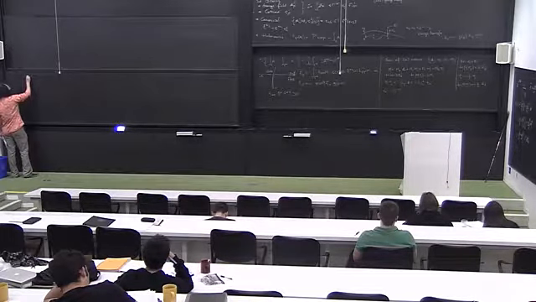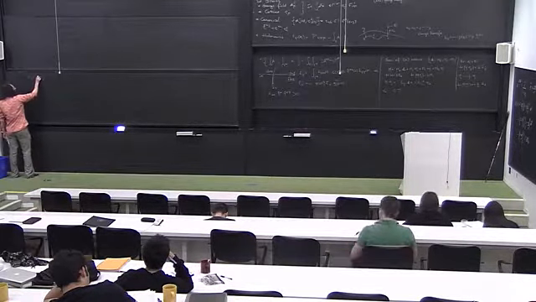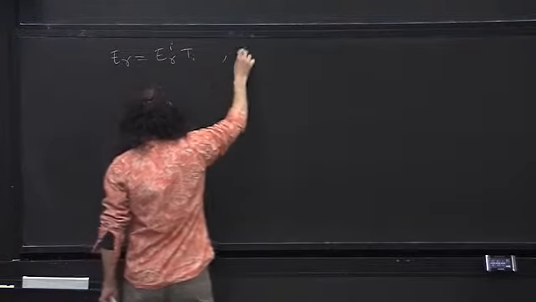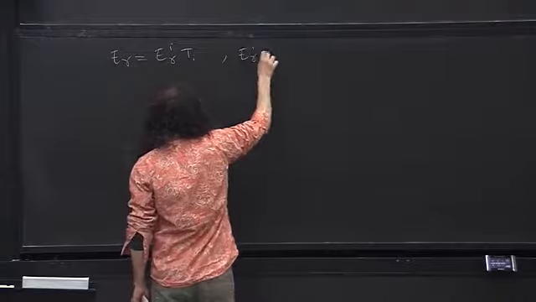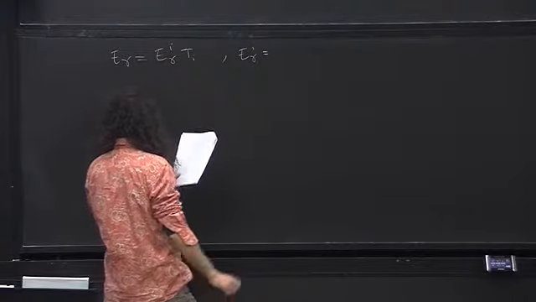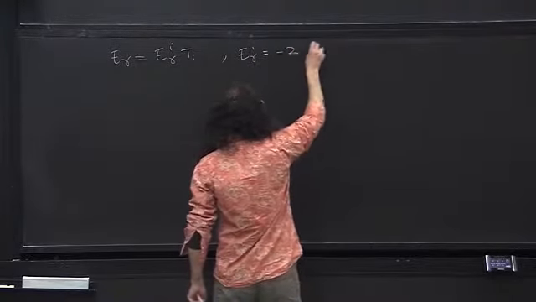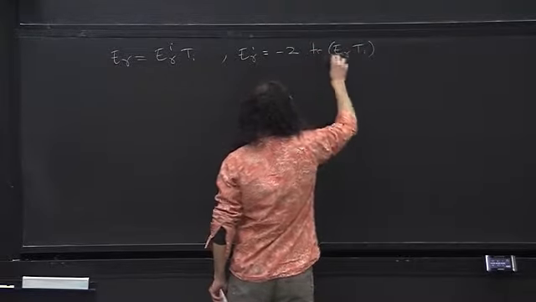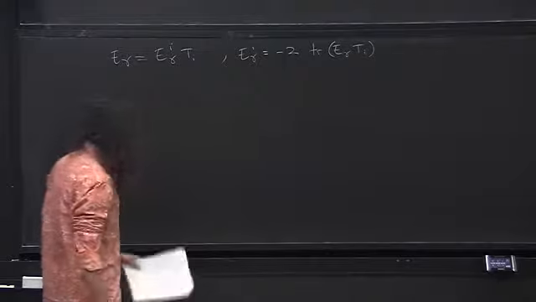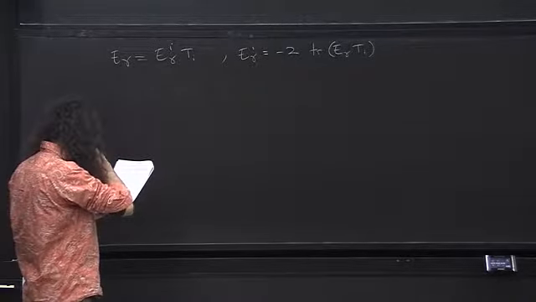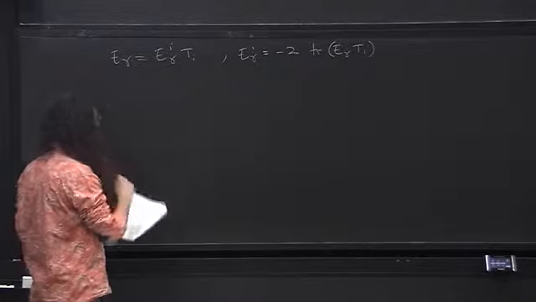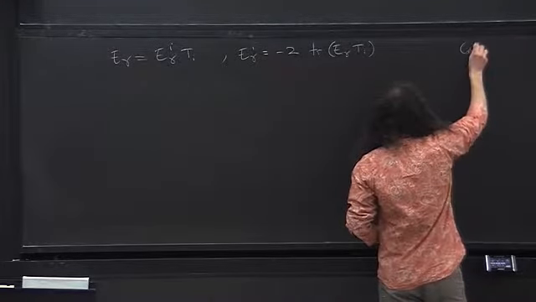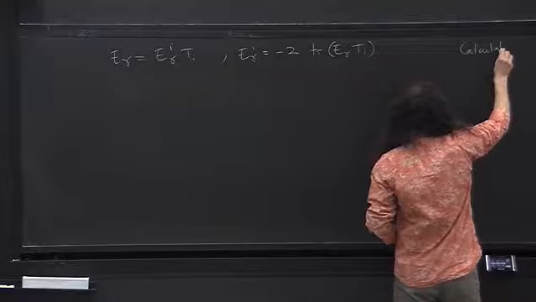Okay, so E gamma is E gamma I, where E gamma I is minus 2 trace E gamma times Ti. And I want to compute, so calculate the algebra.